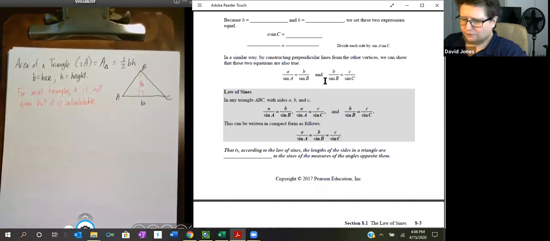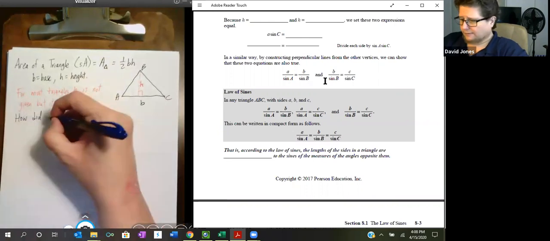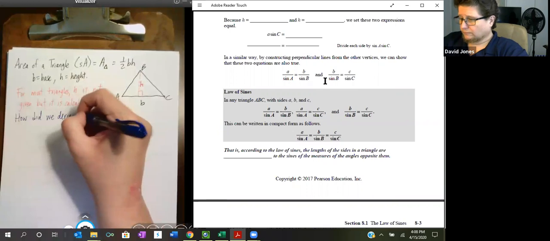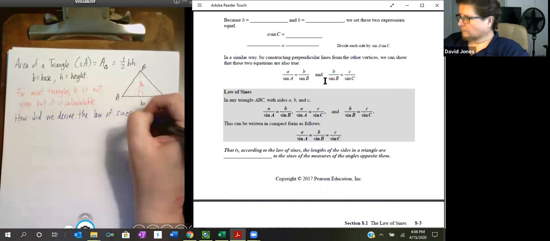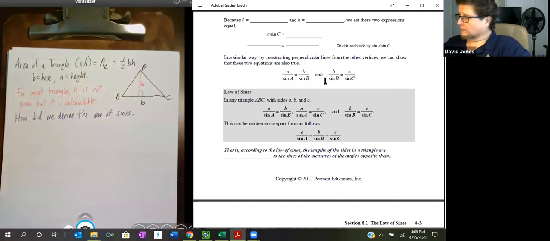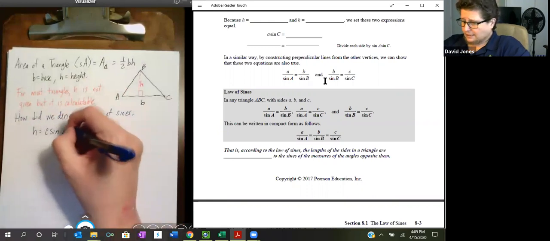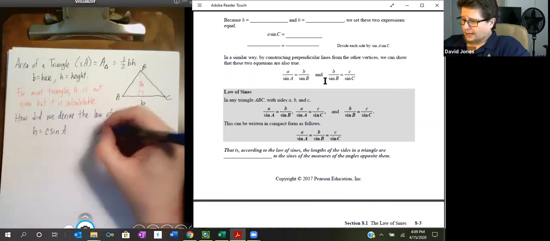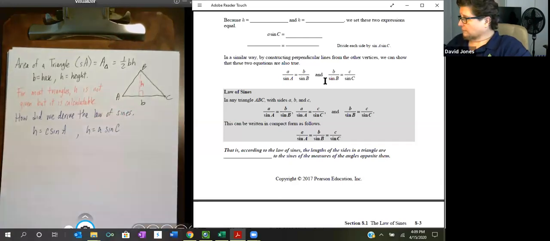Let's go back to how we derived the law of sines. How did we derive the law of sines? We had H equals C sine A, and we had H equals A sine C. So what's the area become if that's A?